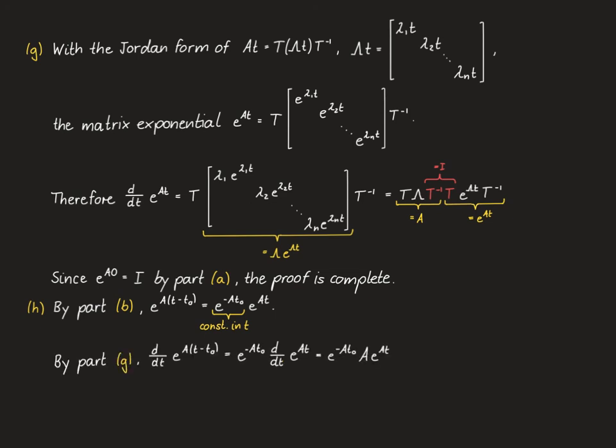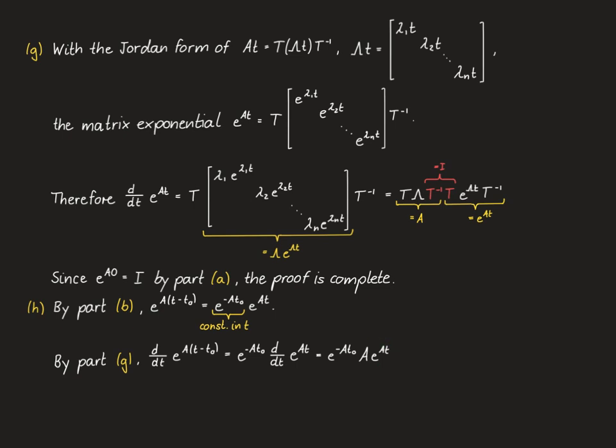Then by part G, it follows that d/dt of e to the A times t minus t0, for which we can substitute this expression. And this first matrix is constant in t, so we can pull it to the front, which yields e to the minus A t0 times d/dt of e to the At, and this by part G is given by A times e to the At.